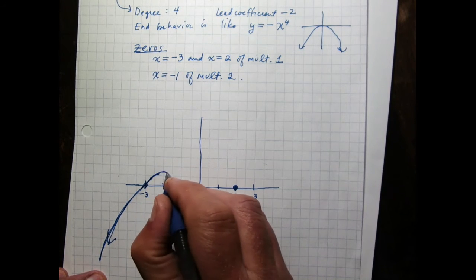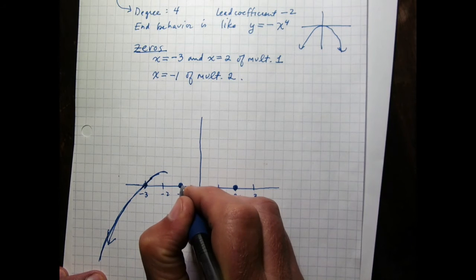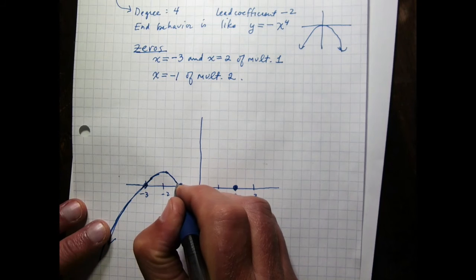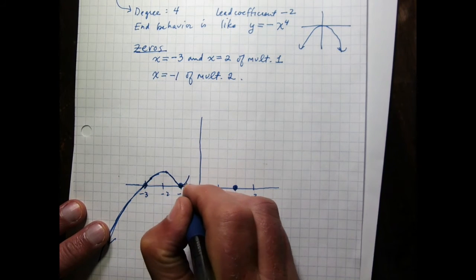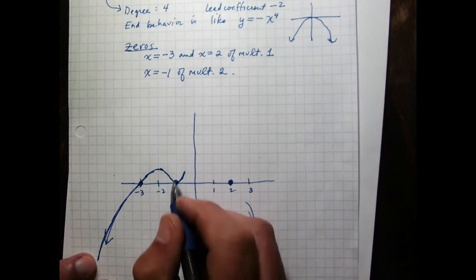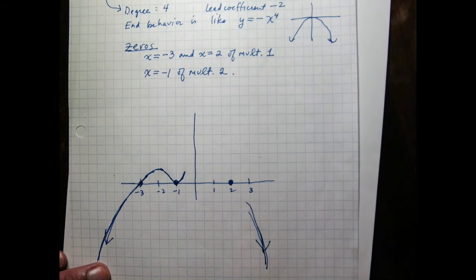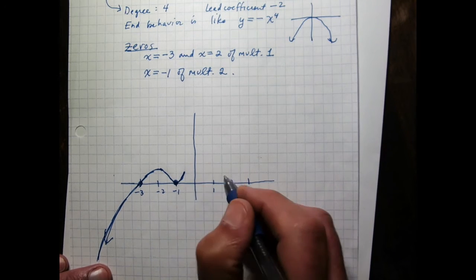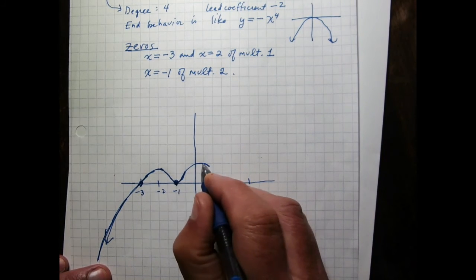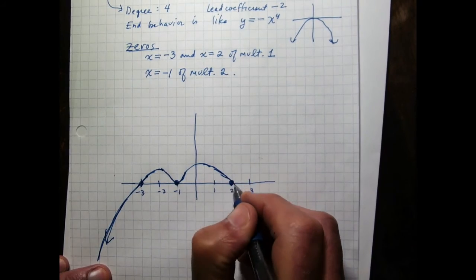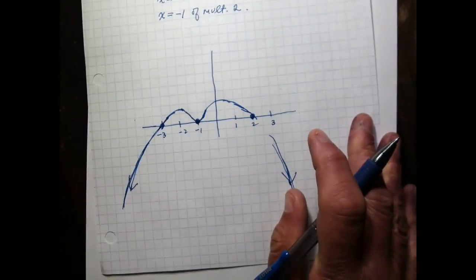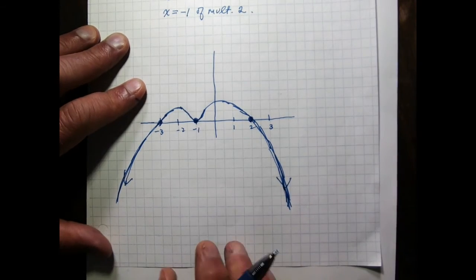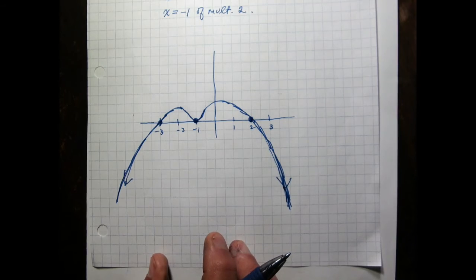Then somewhere I've got to turn around and come back to this next 0 at -1. Because it's of multiplicity 2, I need to just turn around, right? I can't cross the x-axis there. I just bounce off. Now I have to get back to this next 0 at 2, and there I do cross the axis because it's a 0 of multiplicity 1, and then I just continue down in a negative direction.